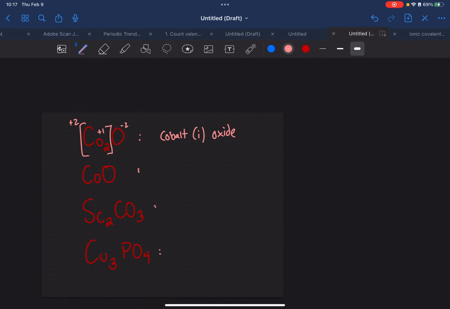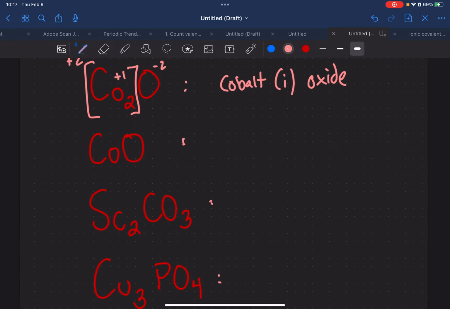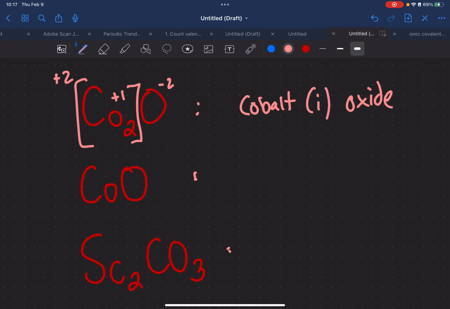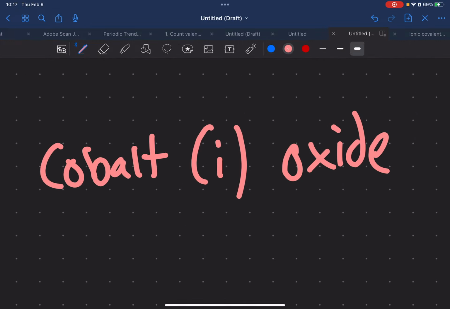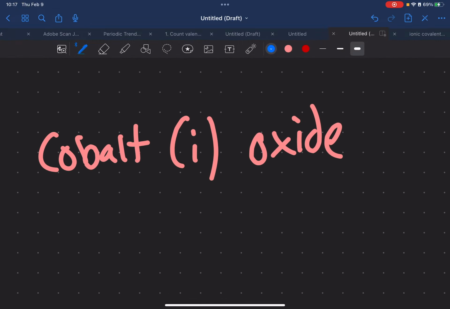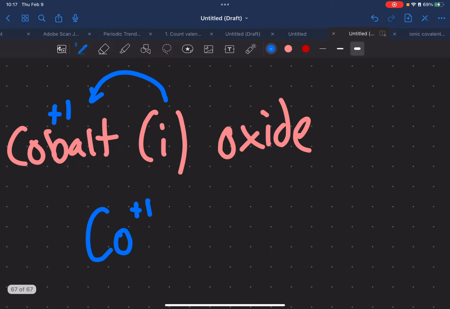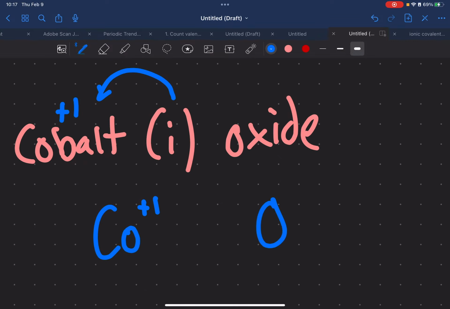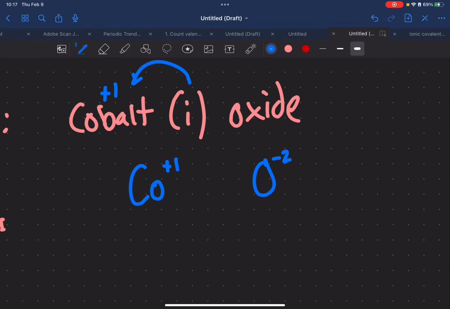If you've been wondering why, the reason is because once I say cobalt 1 oxide, my reader already knows that my cobalt has a charge of +1. And if I want to combine a cobalt ion with a charge of +1 with an oxide, which always has a -2 charge, there's only one way I can make that compound work, right? I can't make it work with one of each if I have a +1 charge on my cobalt.